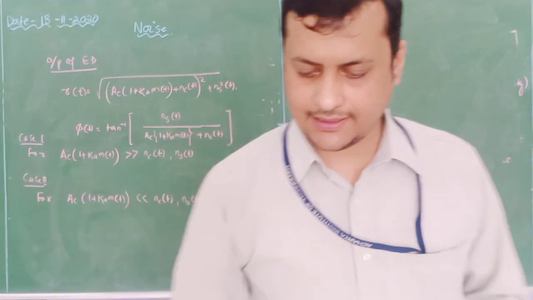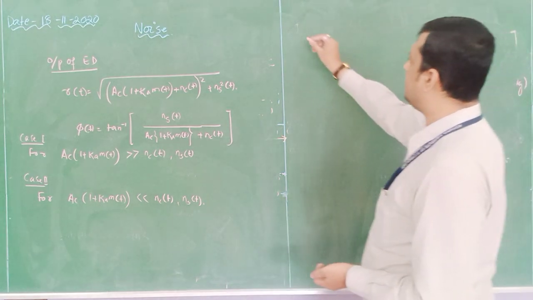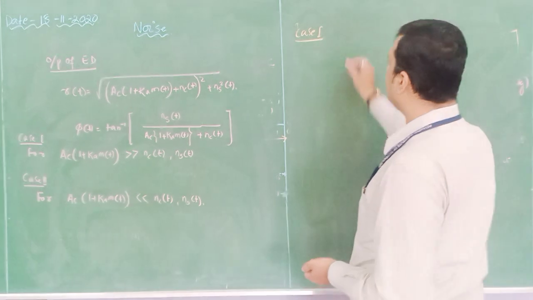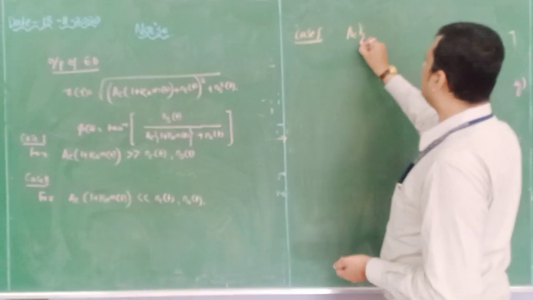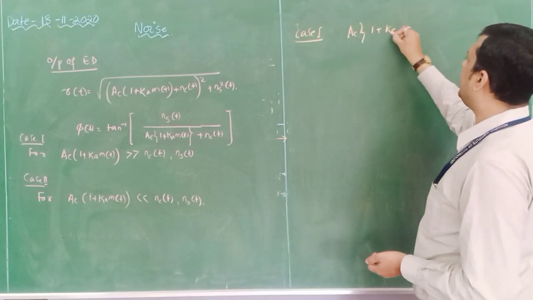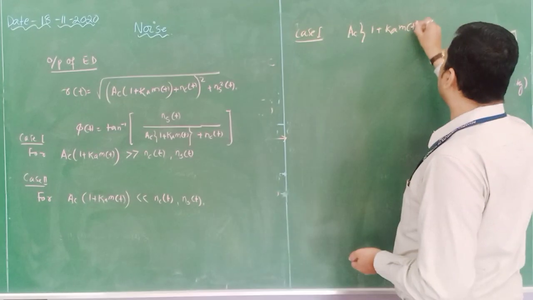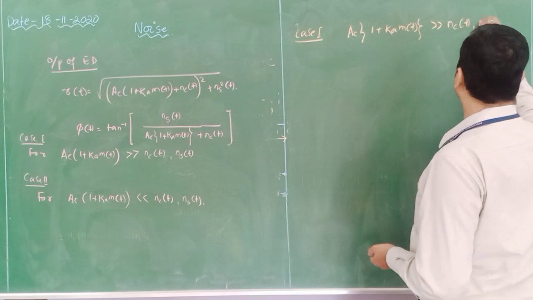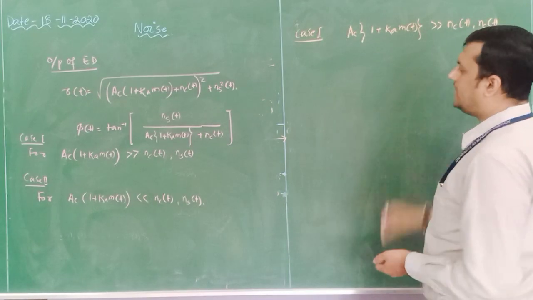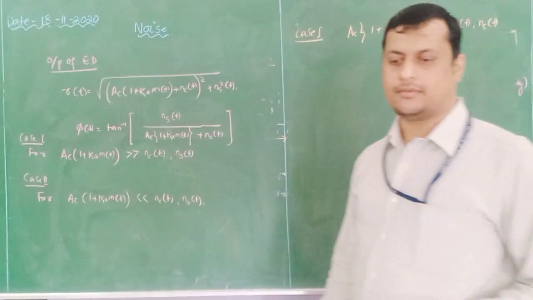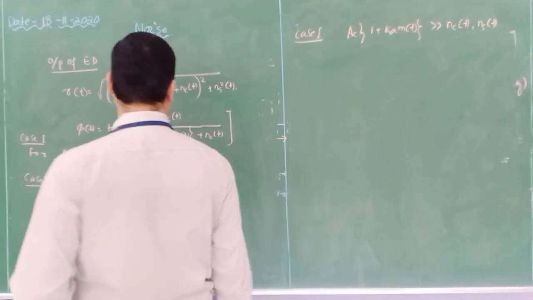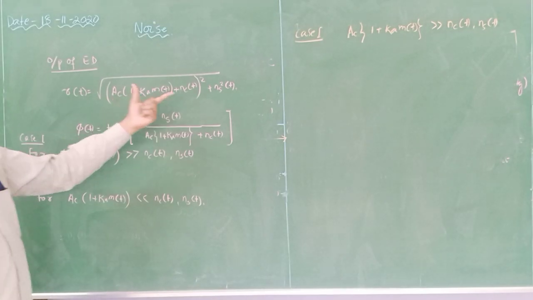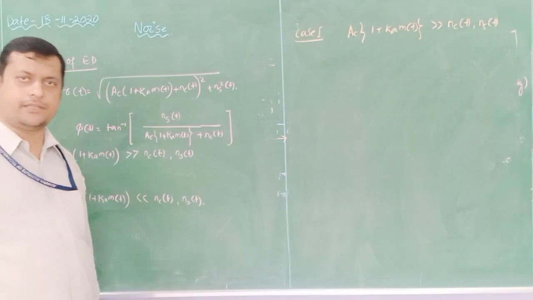So first case is case 1, in which the amplitude available in the modulated signal is very much greater than the noise components, Nc(t) and Ns(t). Done. Now in this you can see, if this component is very high, you can neglect this Ns square of t.